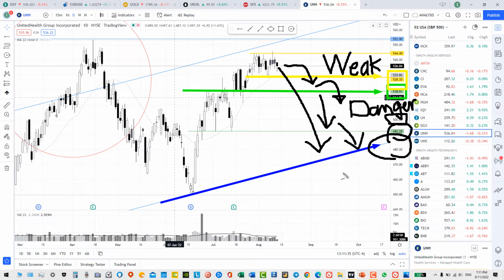So we will consider United Health Group bullish as long as it is above the 528 downward to the 518 zone.